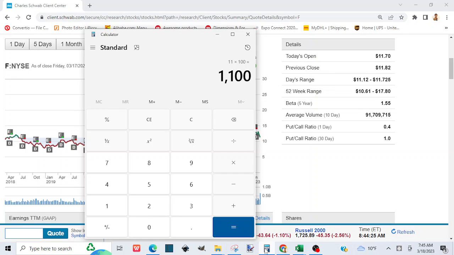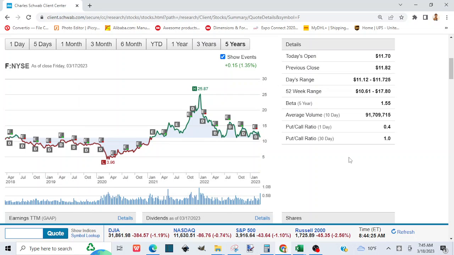You pay 1,100 for it, and the price went up $2 more. Let's say $13. So 13 times 100 minus 11 hundred, you make $200. If it can vary like that within a month, well, that's okay. But if you had to make $200 after 6 months, I don't think it is.